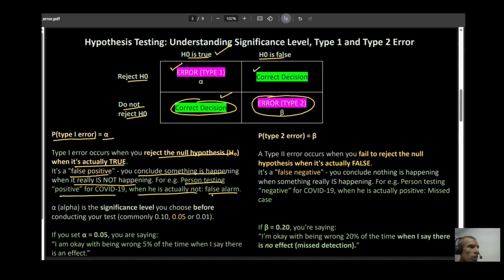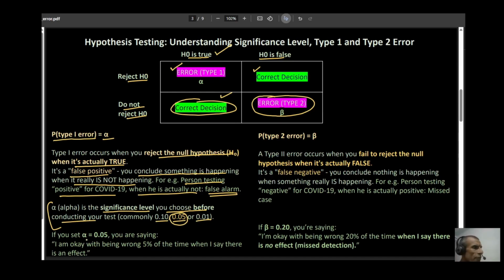So, this is called a false alarm. Alpha in this case is called the significance level, and you choose this level before you conduct your test. Commonly used values are 0.10, 0.05, 0.01. These are the more common ones.